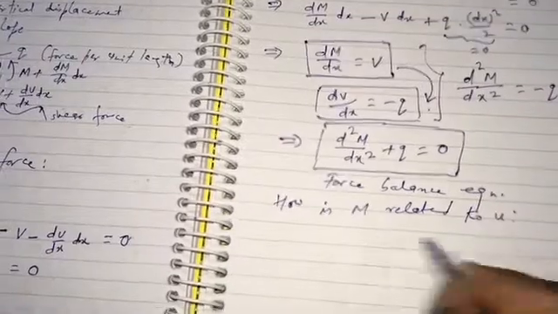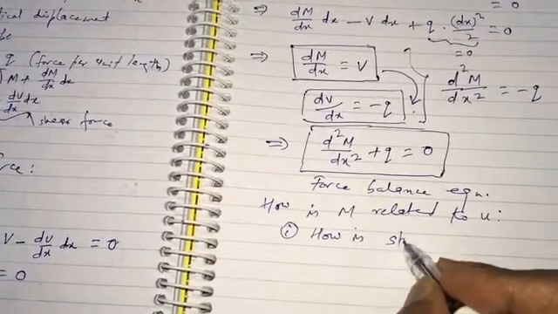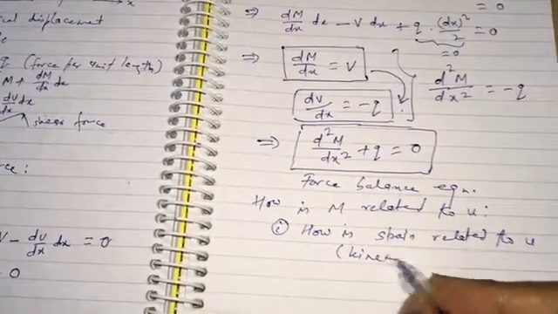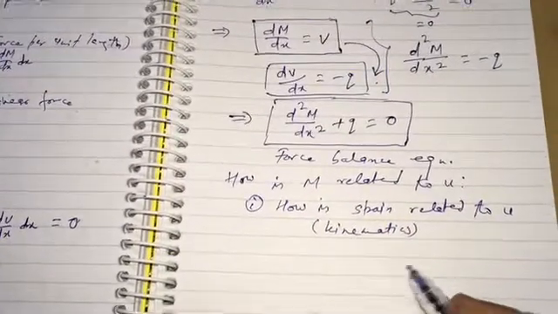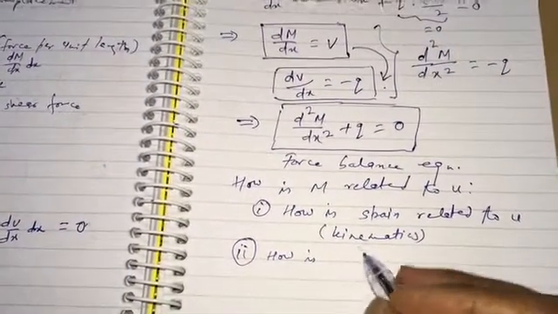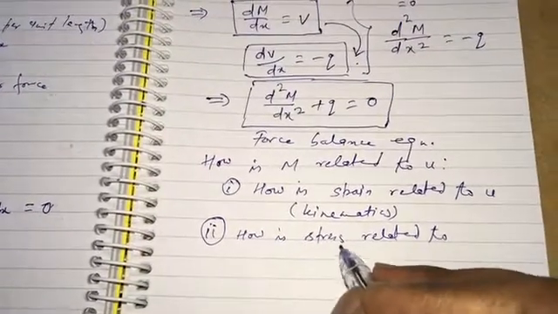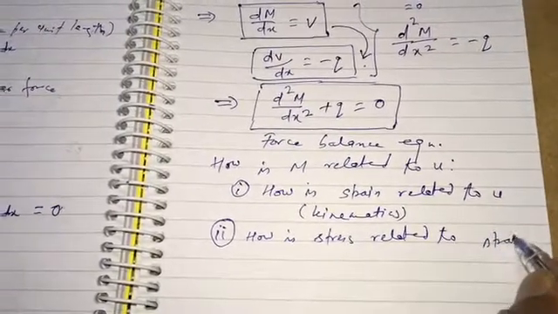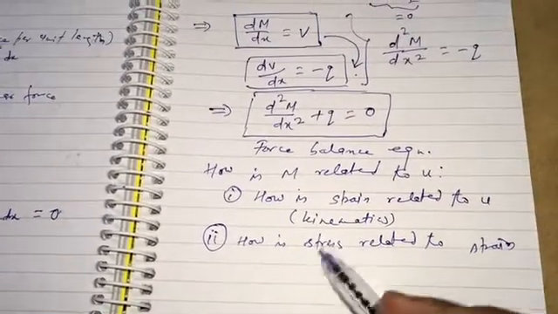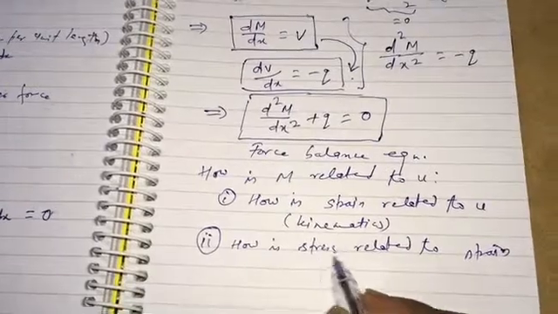So what do we have to know? First we have to know how a strain is related to u, which is also called kinematics. Second, how is a stress related to a strain?